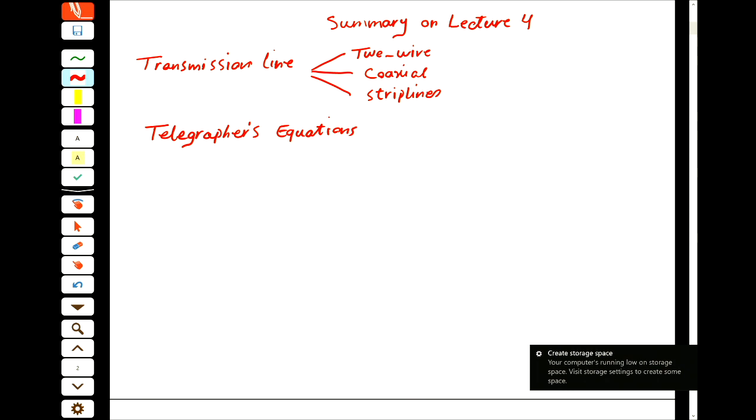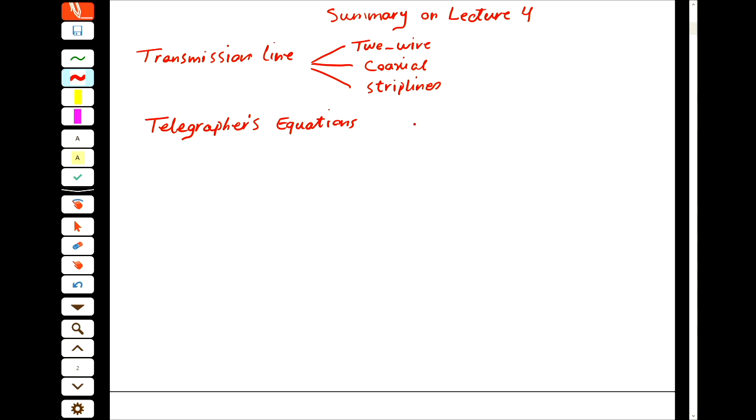Based on those, we found that the voltage and current on a transmission line follow these two equations.